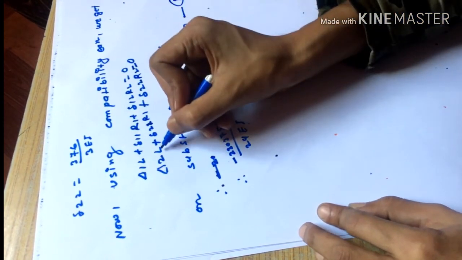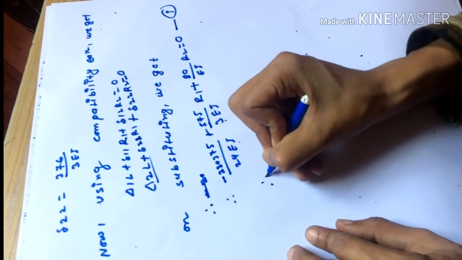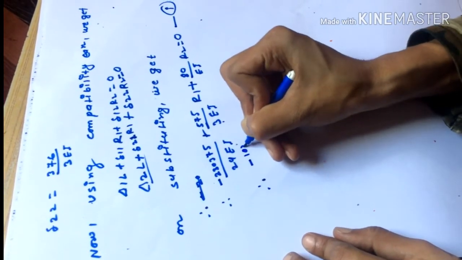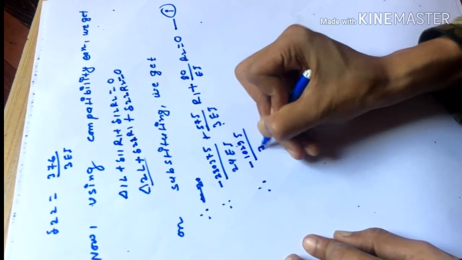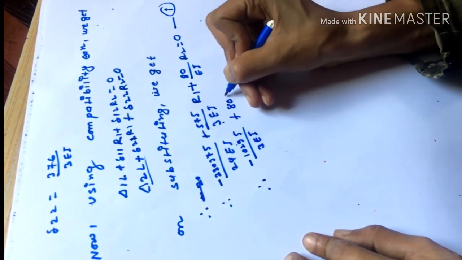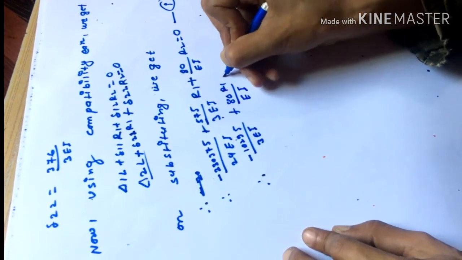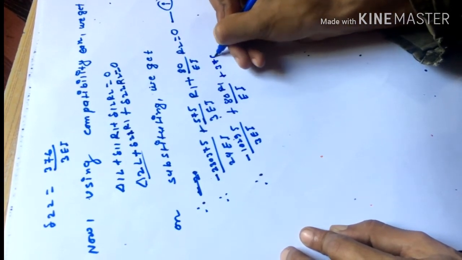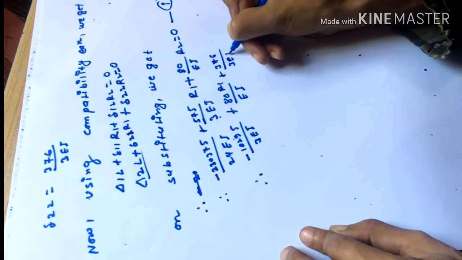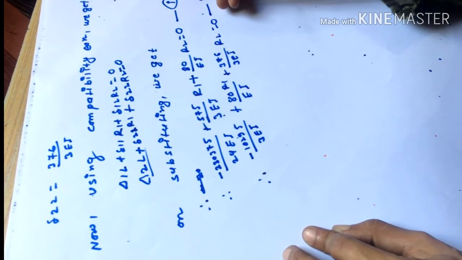Also on substituting in this portion we get minus 10295 divided by 3EI plus 80 r1 divided by EI plus 376 divided by 3EI r2 is equal to 0. Consider this equation as 2.